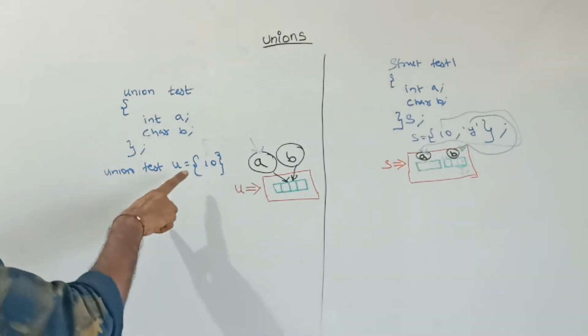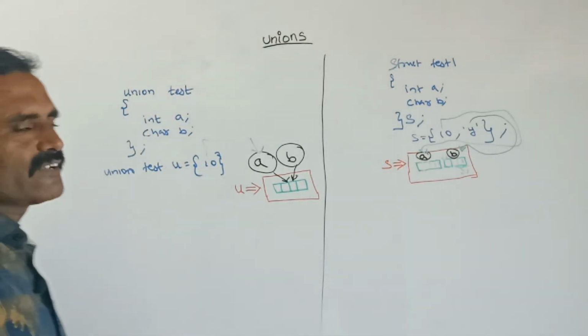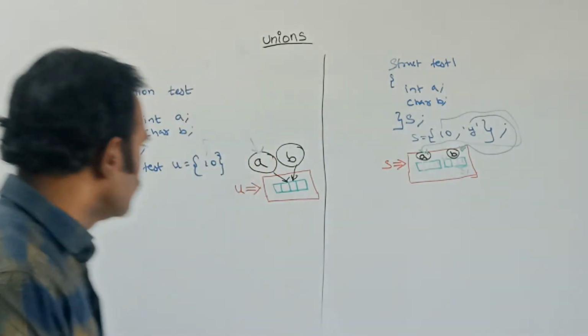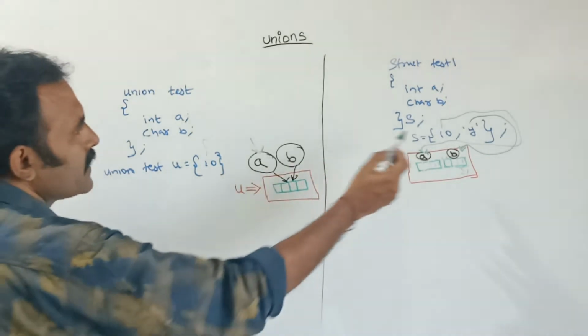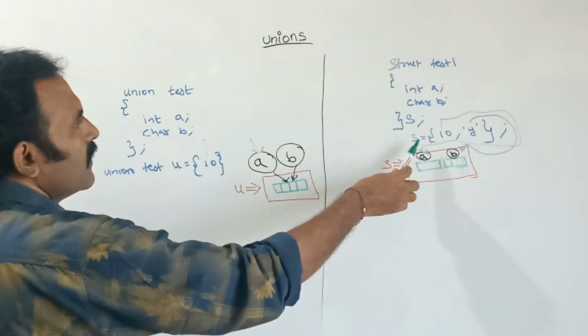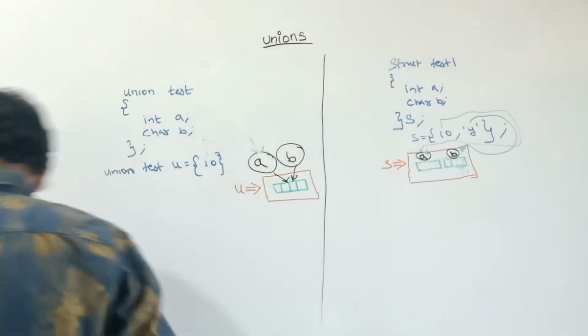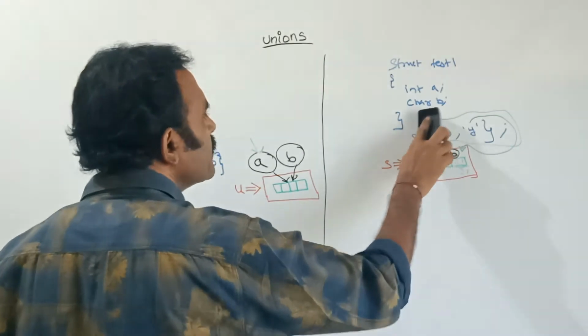See, suppose I am giving two values in the union, then what will happen? Let us see. This is important: here I am declaring the variable outside.